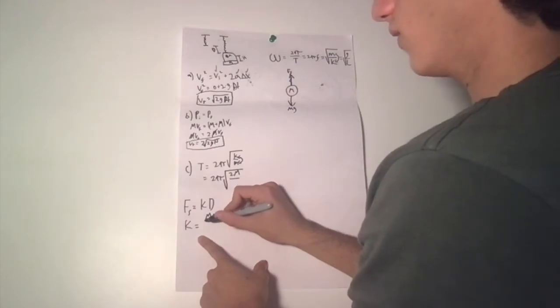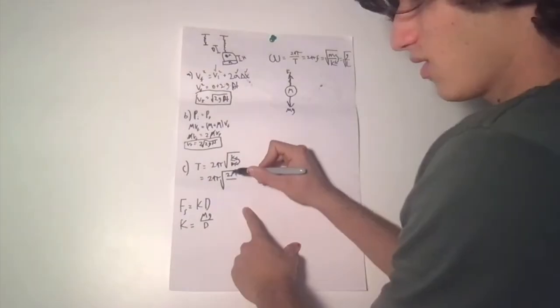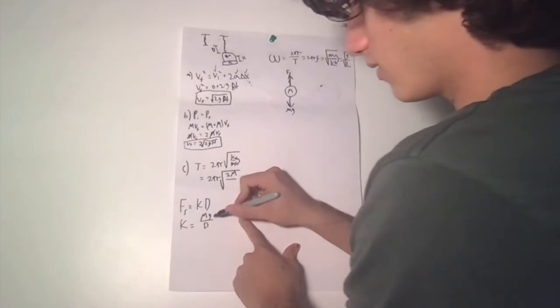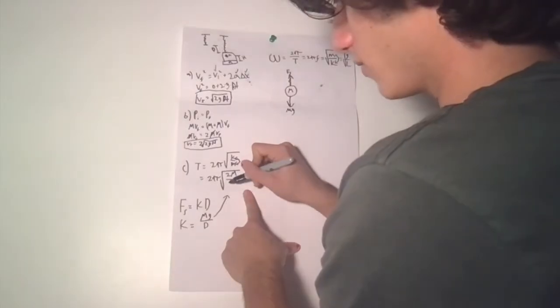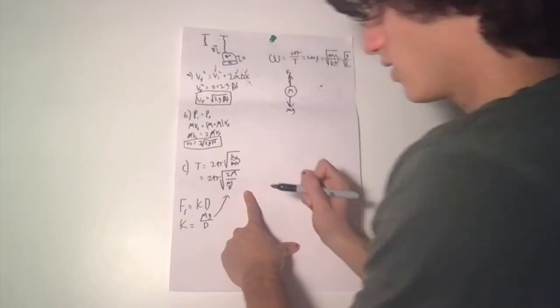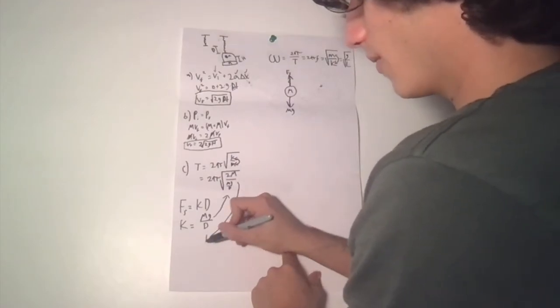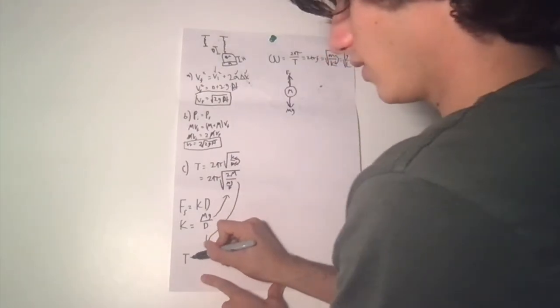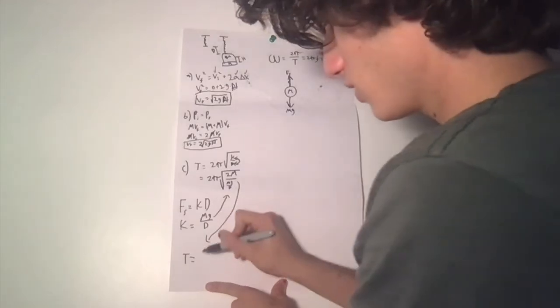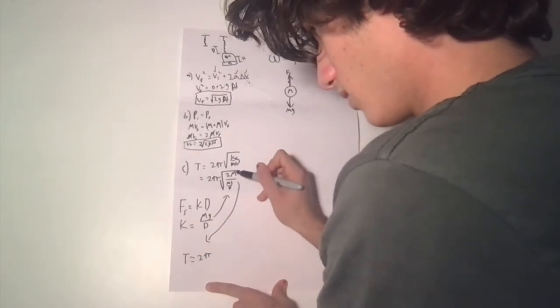All of this over d. Okay, so we can put this k back in here, right? So we have mg over d. Okay, let's simplify this a little bit. So we're going to go back down here. Period is equal to 2 pi times, oh, look at this.